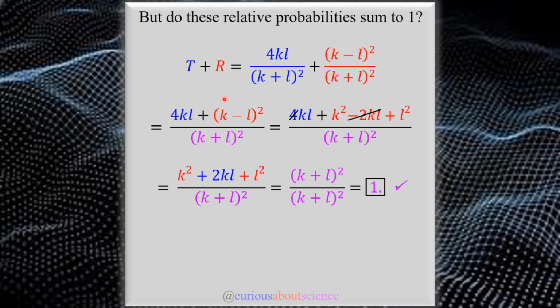Then we see here that we have a square, so just FOIL it out. That gives us a K squared minus 2KL plus L squared term. This term here cancels with 2 from this blue term, so we're able to still have a remaining 2 there, which turns into another factorable form of K plus L. And here, numerator is the same, denominator is the same. We have 1, and that is exactly what it should be.